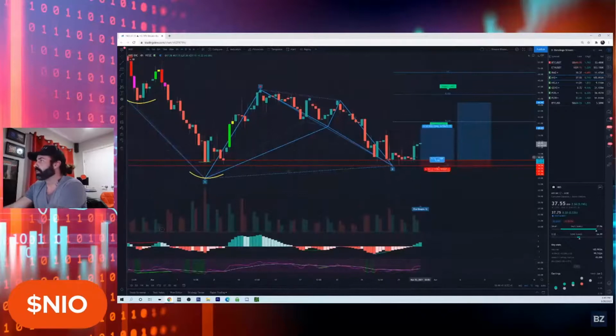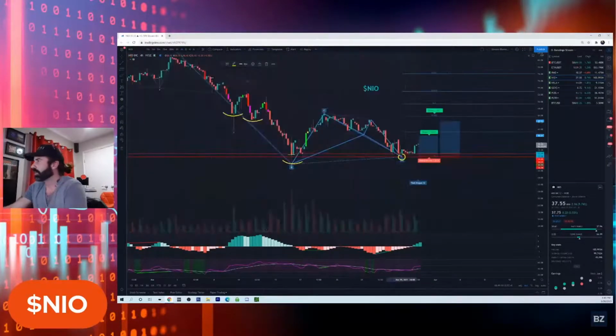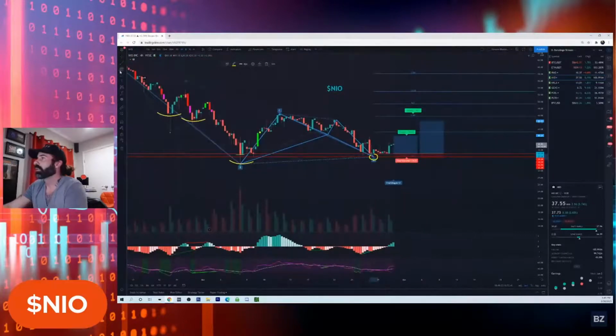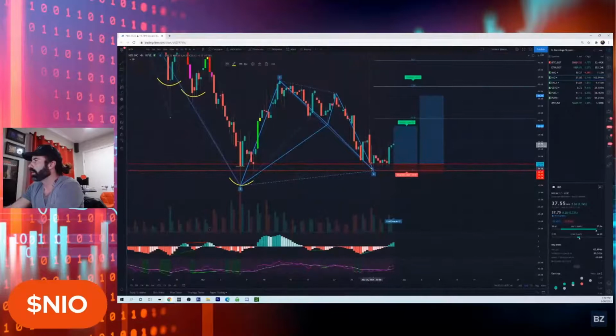Neo is another one that I like because if you look, got a bottom. And then right after that, you've got one bottom, two bottoms.